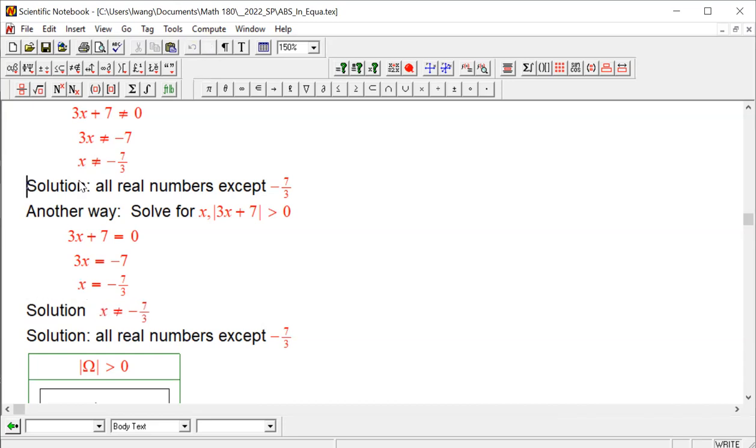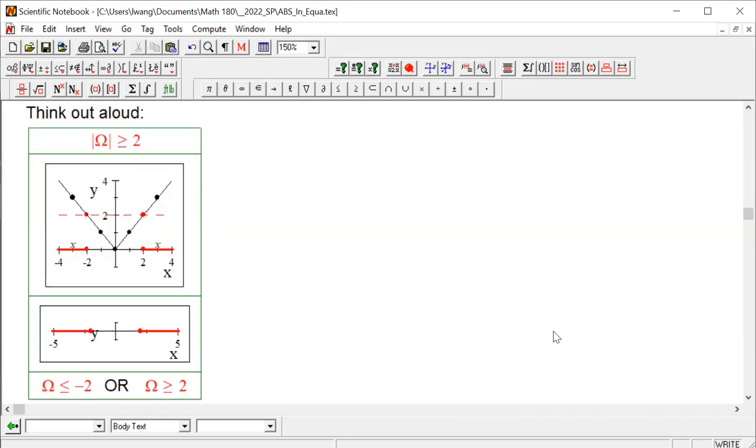There's no difference, because equal to -7/3 and not equal to -7/3 are opposites of each other. If this is a number it cannot be, the opposite can be. So you need to understand the logic.